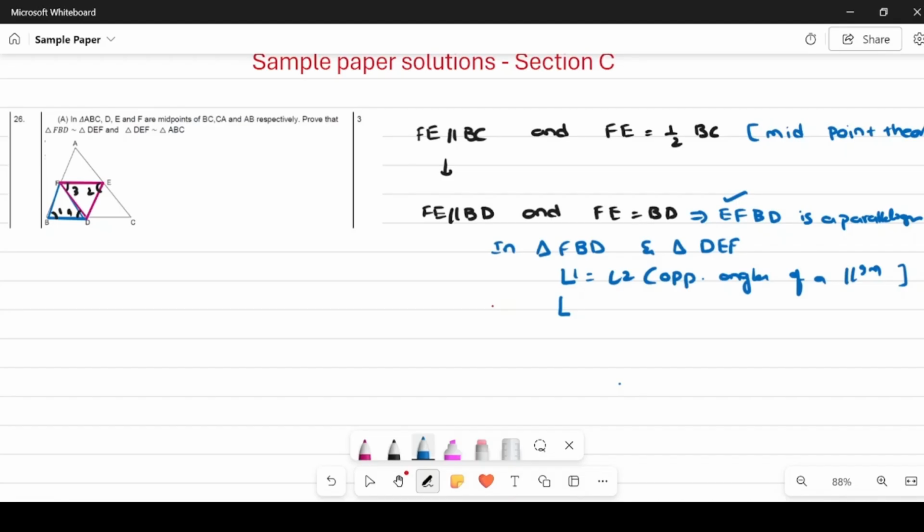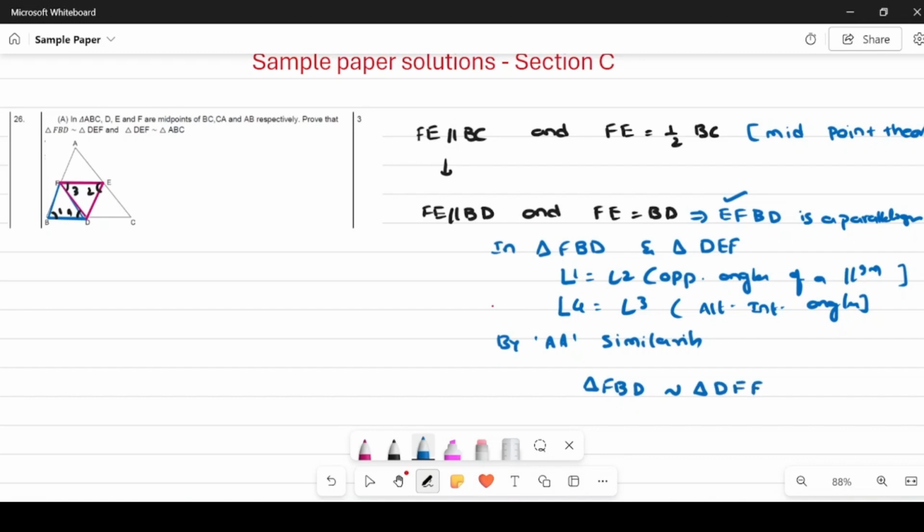In FBD here, angle 4 is equal to angle 3 of triangle DEF. These are alternate interior angles. Since two angles are equal, by a rule of similarity, we can tell that triangle FBD is similar to triangle DEF. So this proves our first part.